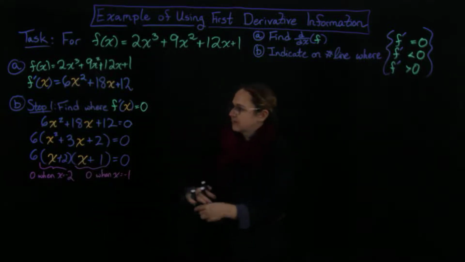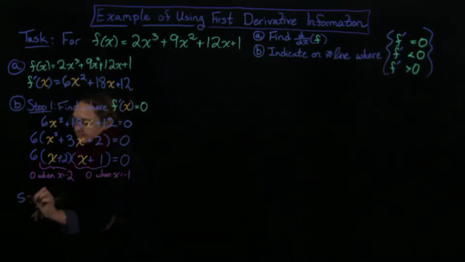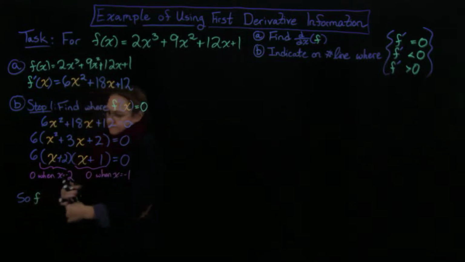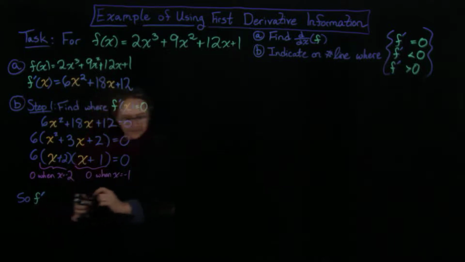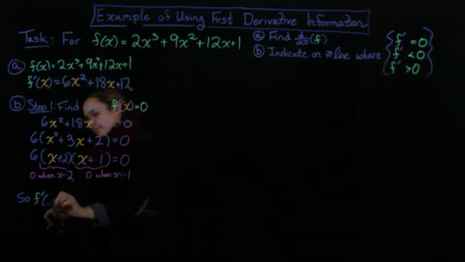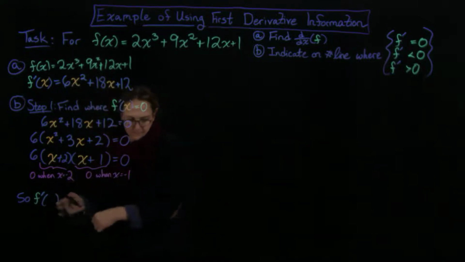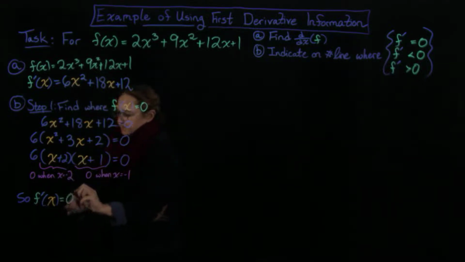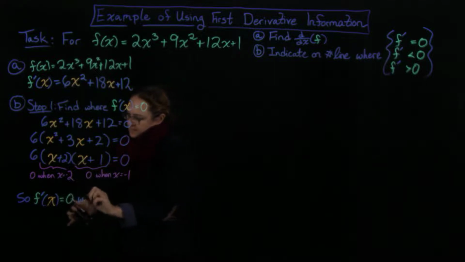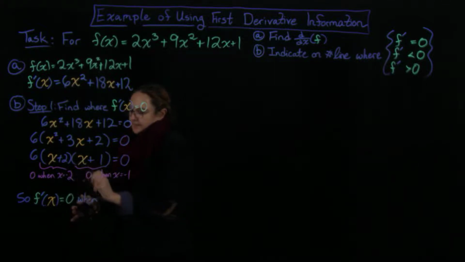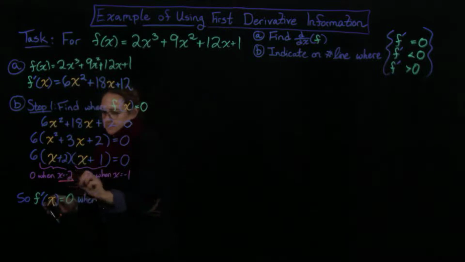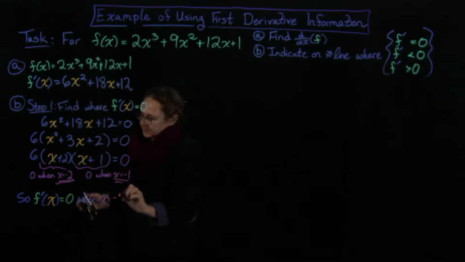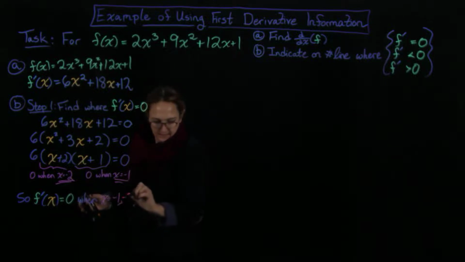Okay, so where I'm at is that this derivative f prime of x equals 0 when x equals -1 and -2.